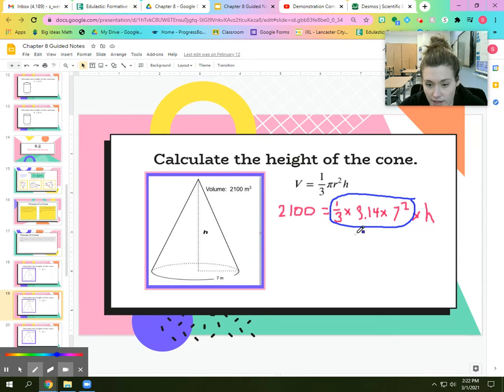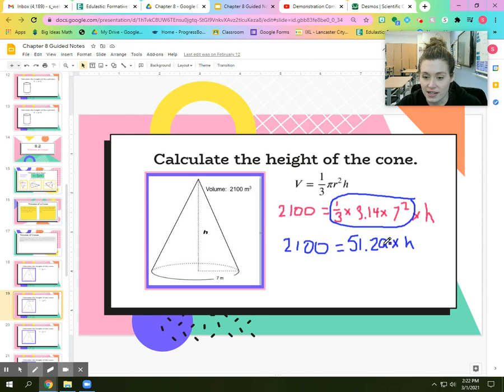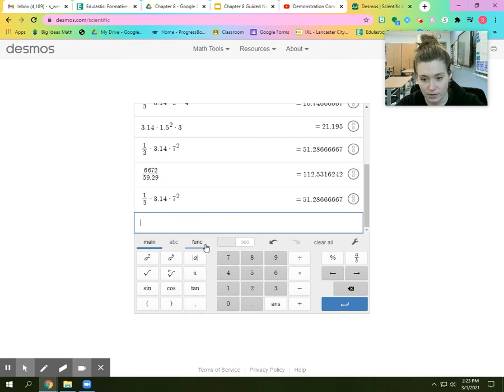All right, so we say we've got 51.29 when we multiplied all that together, times the height equals our volume, 2,100. Last step then to get h by itself is cancel the multiplication with division. So we divide both sides by the 51.29. So when I do 2,100 divided by 51.29, let's see what we get.